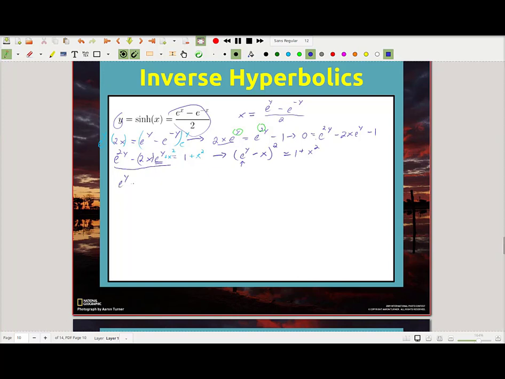E to the y minus x equals square root, and I'm going to skip a detail here. And then I'm going to add x to both sides. So I am here. Don't forget my plus here. 1 plus x squared. Now, I want to solve for y, so I'm going to ln both sides.